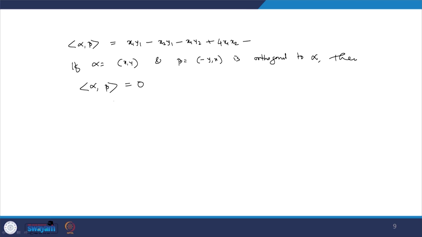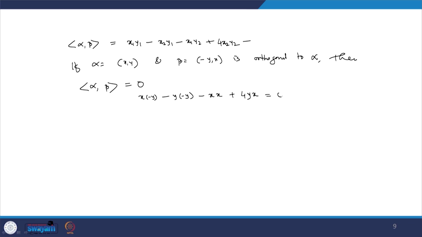This is equal to 0, means x into minus y, minus x2 y1, that is x into minus y, then minus x1 y2, that is x into x, and plus 4 x2 y2, that is 4 x into x.